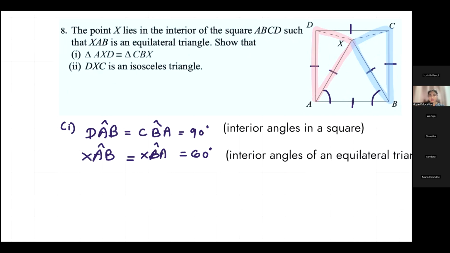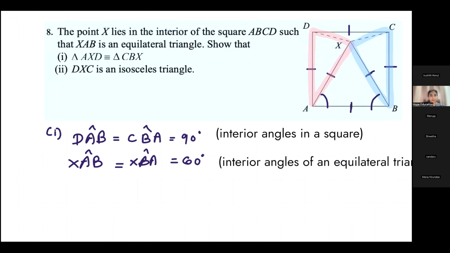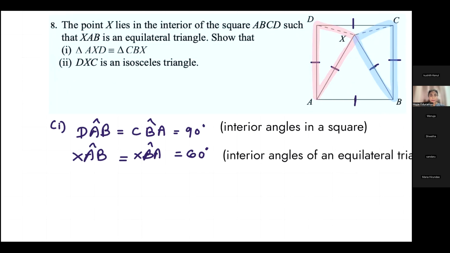Look at this very carefully. Here I subtract XAB from DAB: DAB minus XAB. And here, CBA minus XBA.